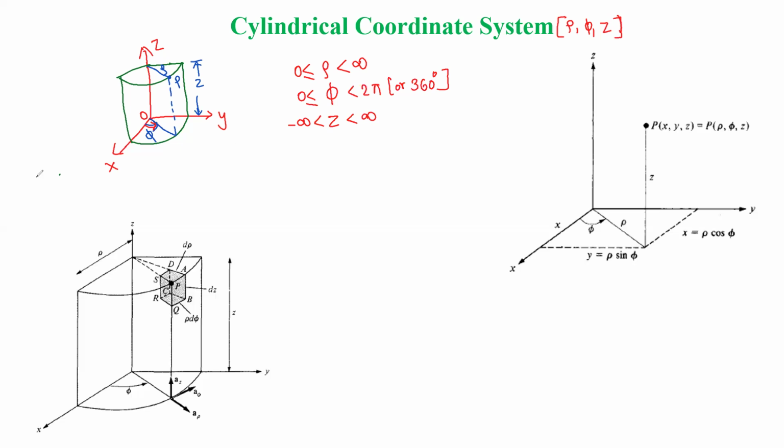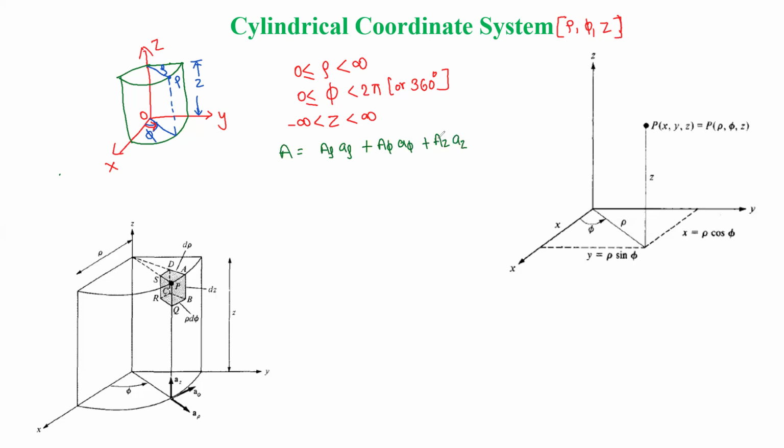If any vector A is represented in cylindrical coordinates, it is written as A rho times unit vector a rho, plus A phi times unit vector a phi, plus Az times unit vector az.